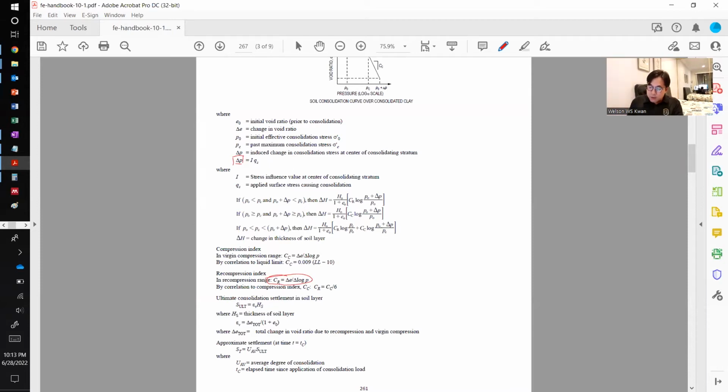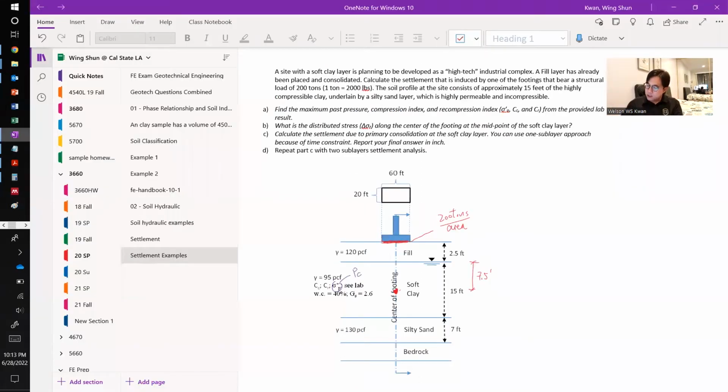And that will be equal to I times the surcharge. And Q sub S is the applied surface stress causing consolidation. For this case, it is from the footing, the stress passing from the foundations. So in this case, this is our surcharge, Q sub S.